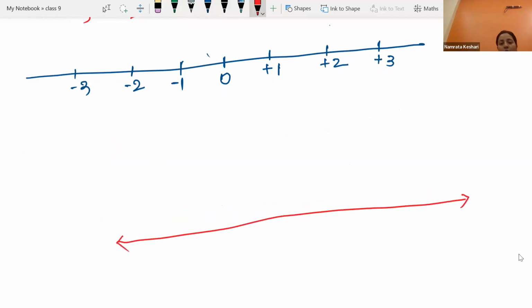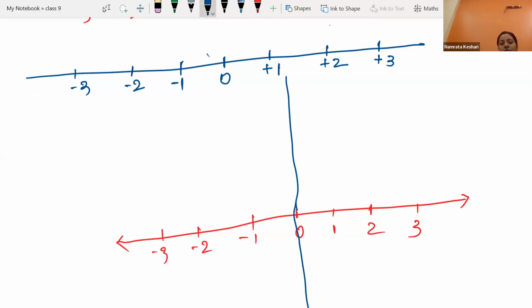The red one horizontally and the blue one vertically. I am placing them in such a manner that I am keeping 0 on 0, like both the points are just overlapping with each other. Is it making sense? Both the zeros are overlapping over here. Are you getting it?